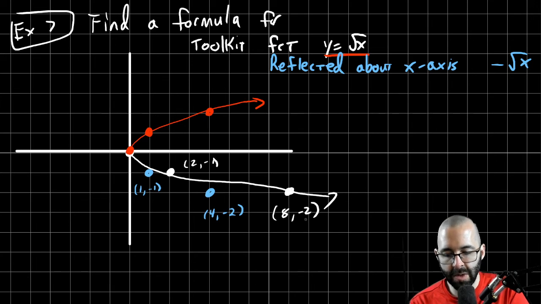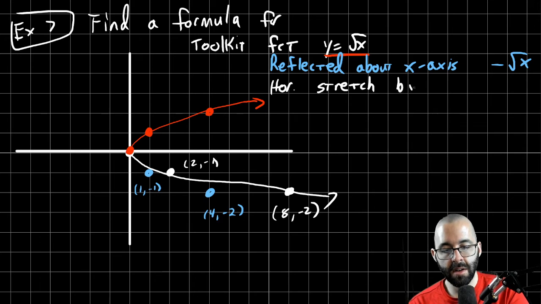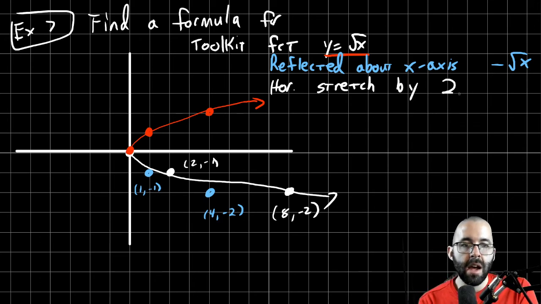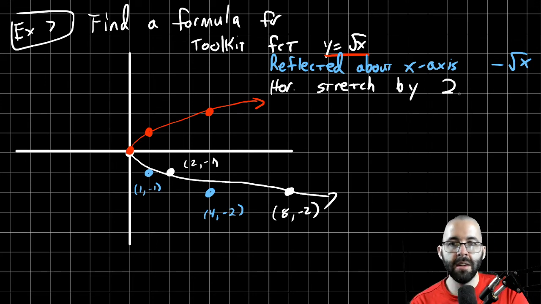What's the relationship between these points? Blue and white, blue and white. The x coordinates are getting doubled in the whites. We have to have a horizontal stretch by 2. And that's the logic that you can apply for a problem like this.